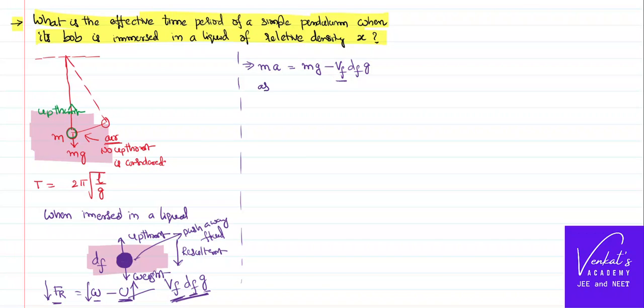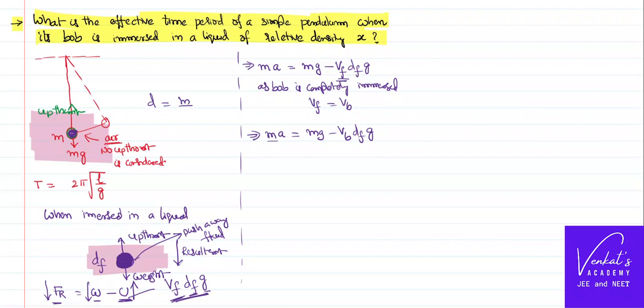So we can say, as the bob is completely immersed, the volume of the fluid displaced is equal to the volume of the body itself. That implies mass into acceleration on this bob is equal to weight minus, in place of volume of the fluid, I can write volume of the body, times density of the fluid, times g. The mass of this bob can be written using the definition of density as mass by volume.